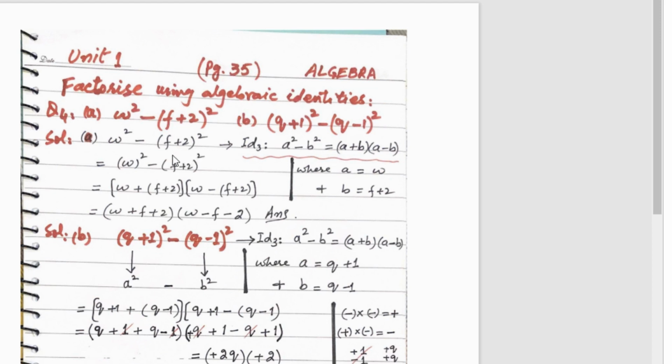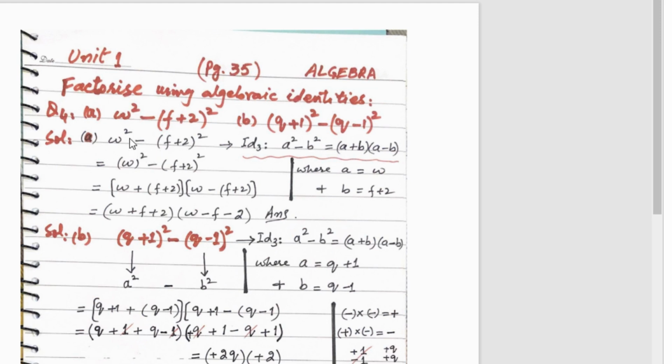Now the only difference is the second term is a bit long. The first term consists of only one alphabet, and in the second term there are two terms, f and 2. Doesn't matter, we will look at the basic things.